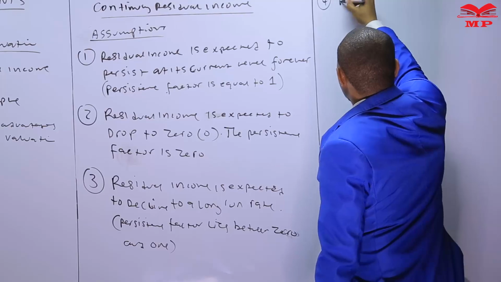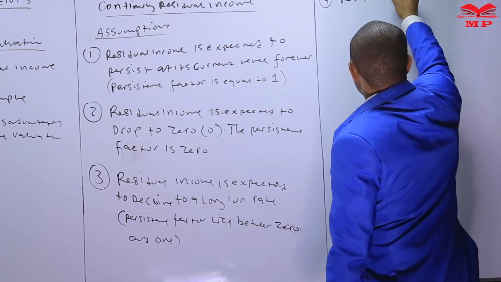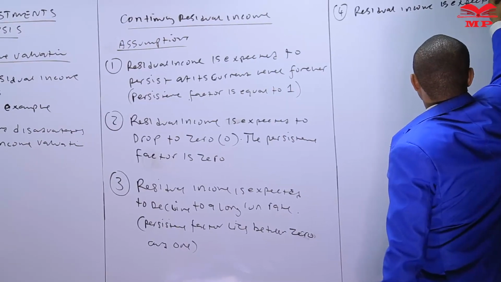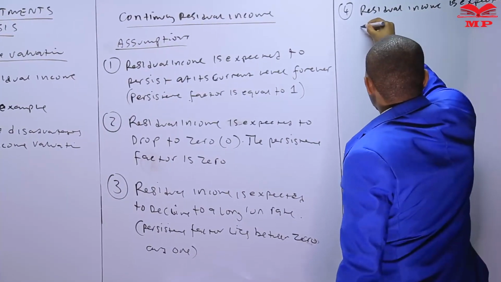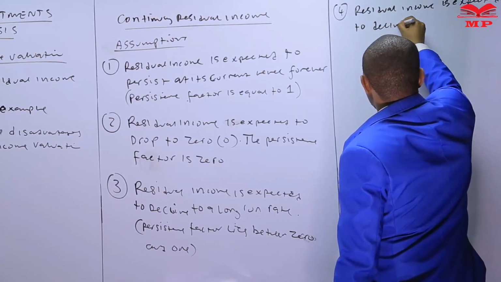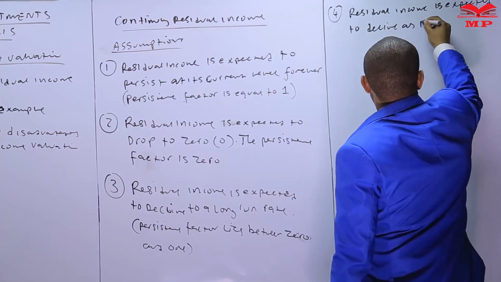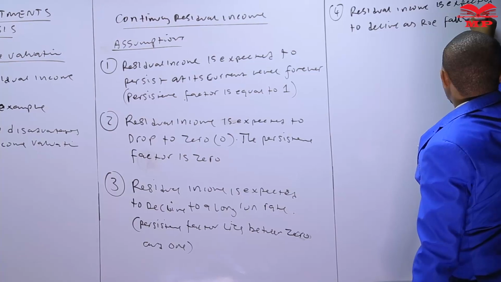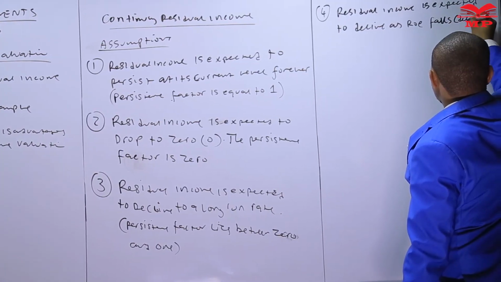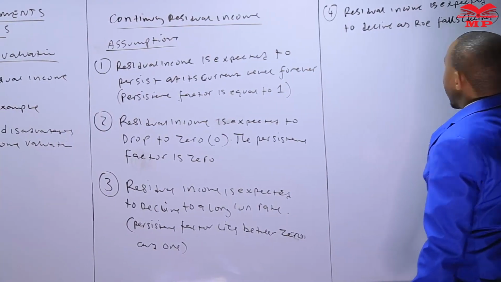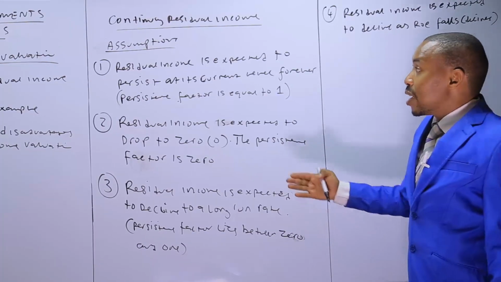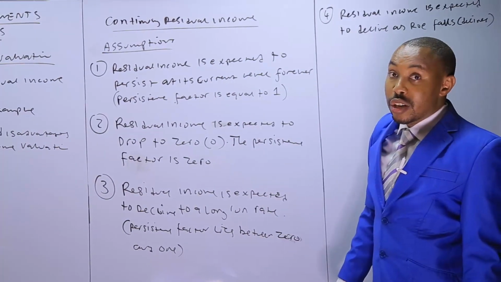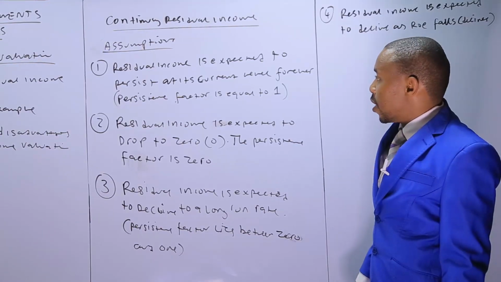So we say residual income is expected to decline as ROE falls. So those are the 4 assumptions that are applied in continuing residual income valuation.